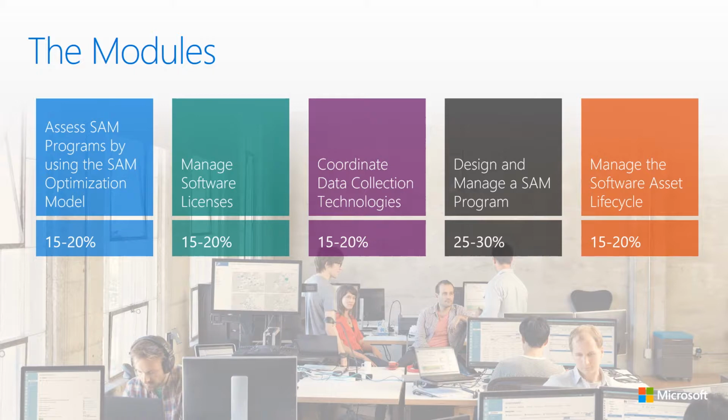At this point, we look at the importance of securing executive sponsorship and funding, and then how to design, implement and maintain a SAM program, as well as creating and maintaining a SAM program improvement plan. And finally, Module 5 is about managing the software asset lifecycle, and we'll look at managing request, acquisition, deployment and retirement processes, as well as how to track consumption and how to optimize assets. I think we should get started with that right now.